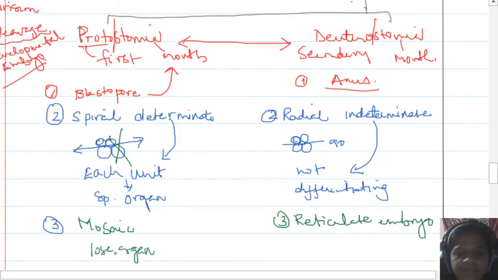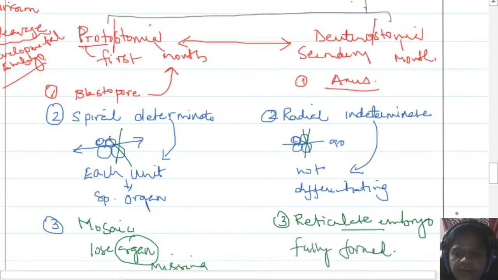You will have this organ missing when it actually develops. But here in radial and indeterminate cleavage, even if this goes missing, because they haven't started differentiating, in a regulative embryo we have a fully formed individual with no deformities. These are the three main differences that you see between Protostomia and Deuterostomia.